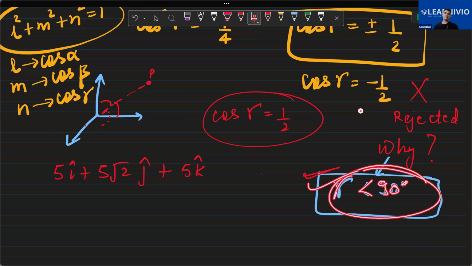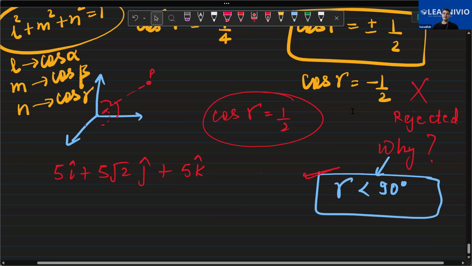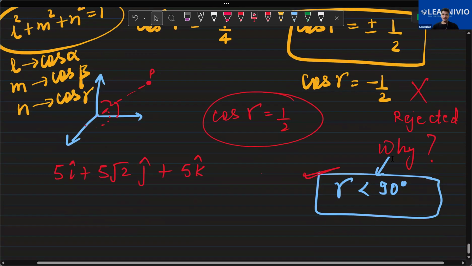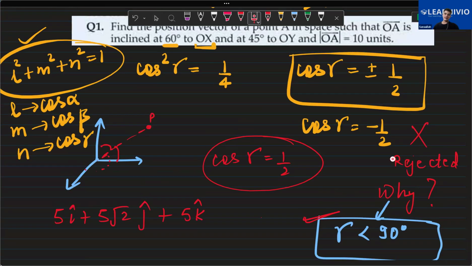And for this range of gamma, your cos gamma is going to be a positive quantity. इस वजह से आपको cos gamma only 1/2 आएगा, only this one.